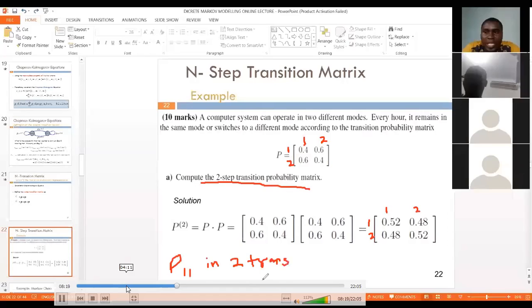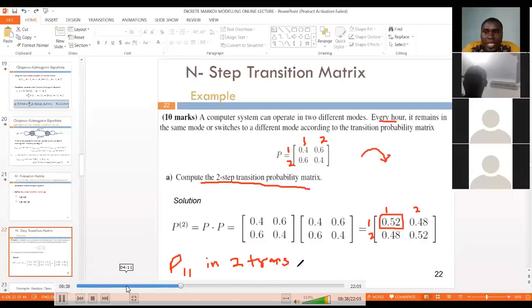In 2 hours means 2 transitions. For every hour we move, so we transit in every hour. So if I say 2 hours, then I'm talking about 2 transitions. So state 1 back to state 1 in 2 transitions will be this probability here, okay.